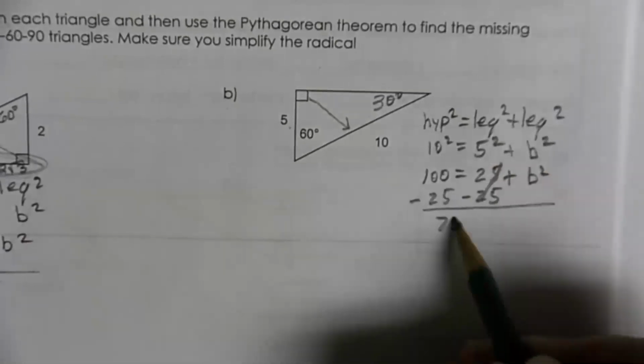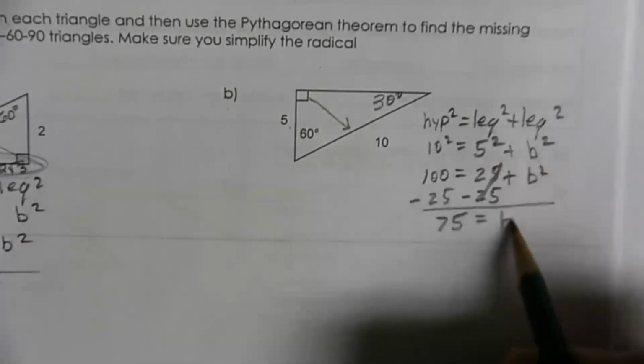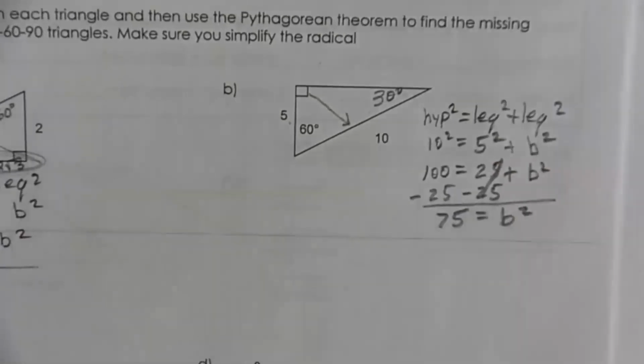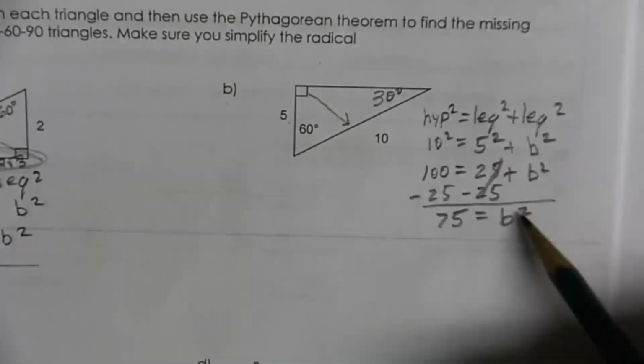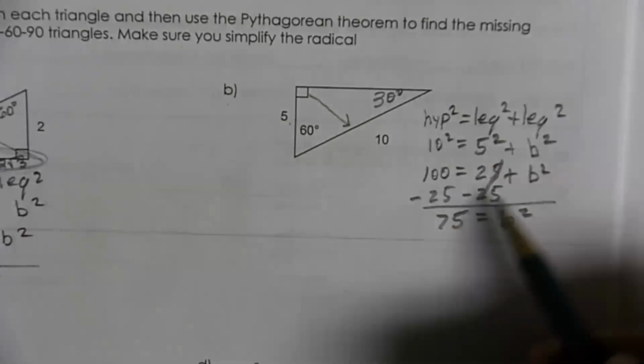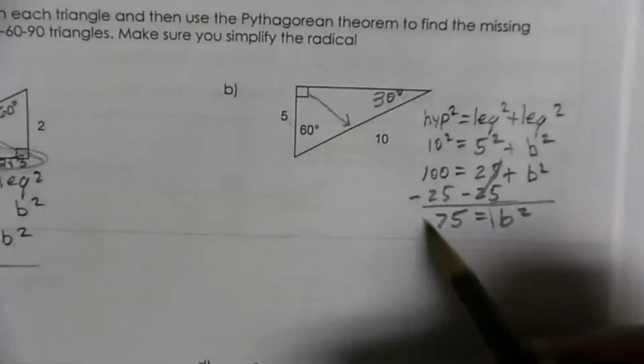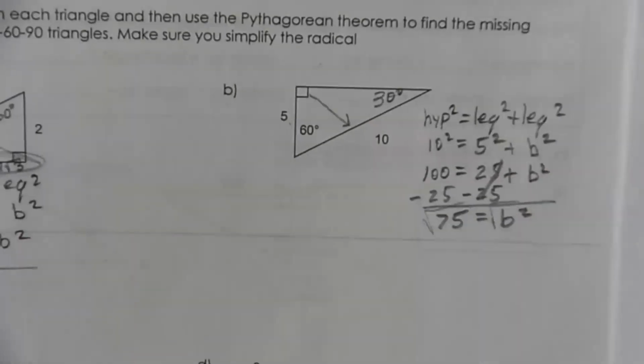That gives us 75, and we're looking at b squared equals 75. Now, for us to figure out what just b is, because we have b squared, we have to take the square root of both sides.